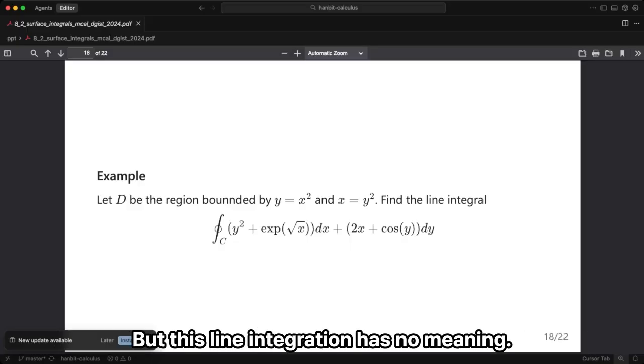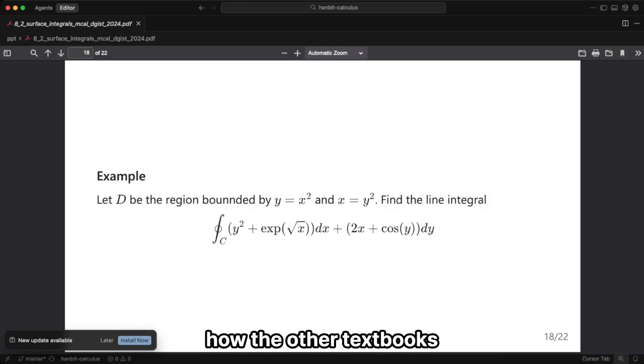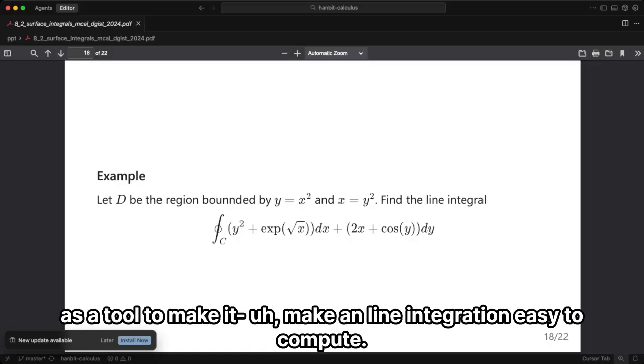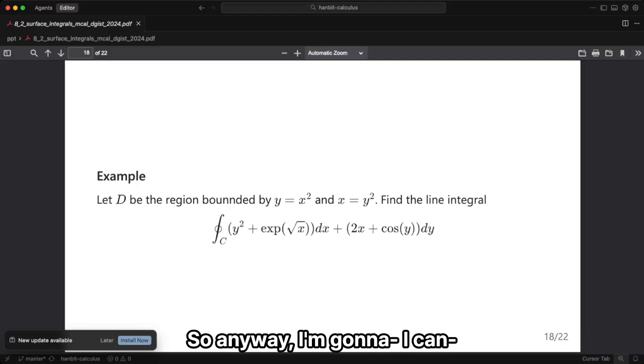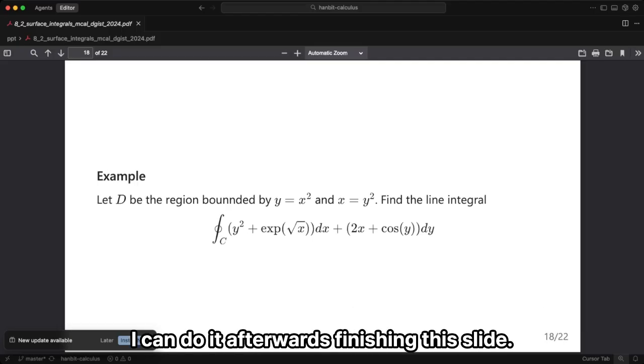But this line integration has no meaning. I mean, I made this example just because I want to show you how other textbooks are using Green's theorem as a tool to make a line integration easy to compute.